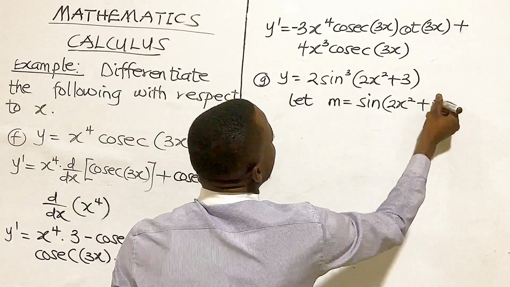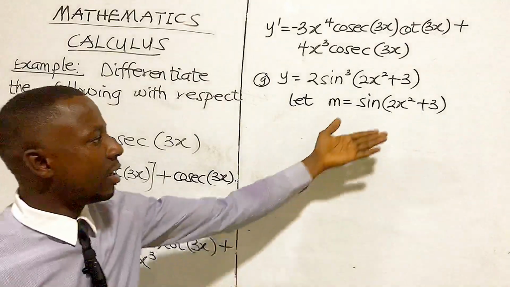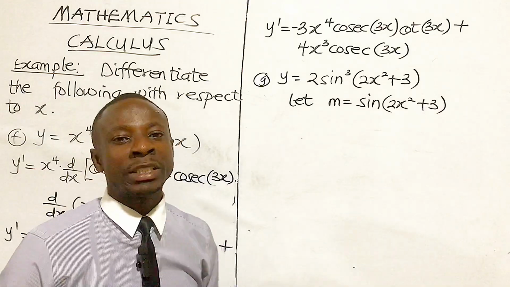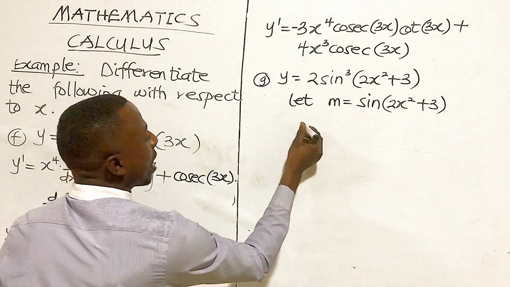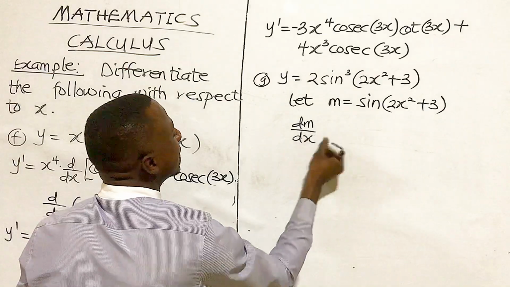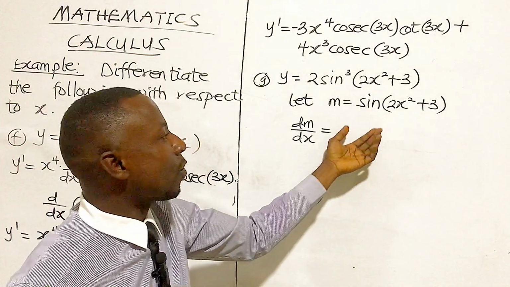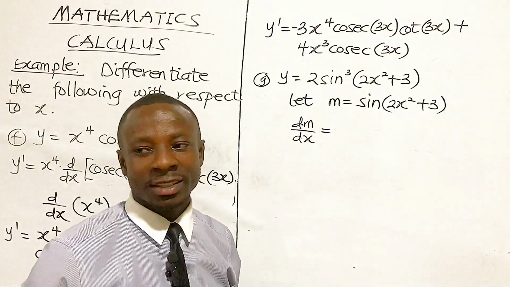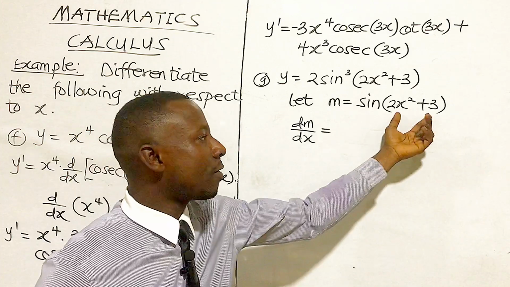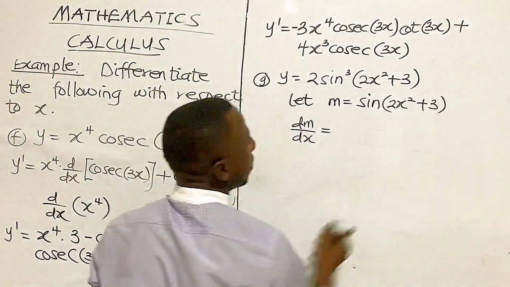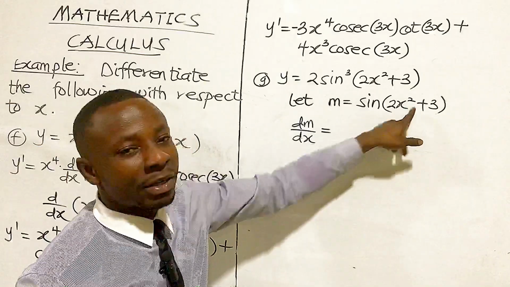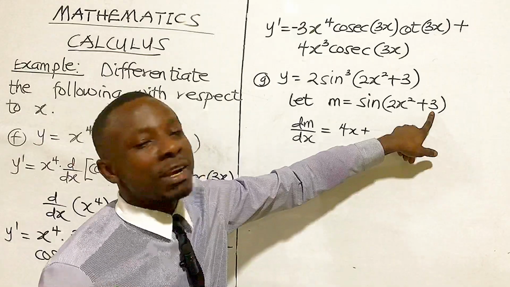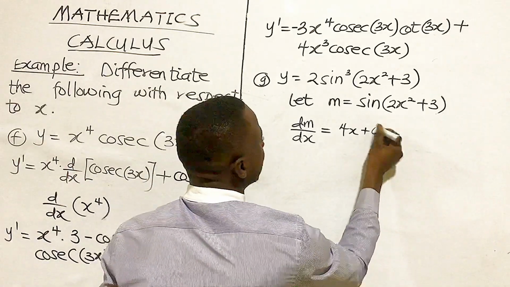After making the substitution, we are going to differentiate m with respect to x. So I have dm over dx equal to, because what we have in the bracket is 2x squared plus 3, we need to start the differential from the bracket. When I differentiate 2x squared, I have 4x plus, and when I differentiate 3, I get 0.